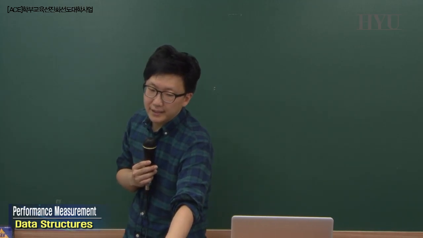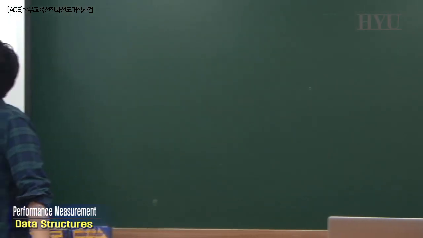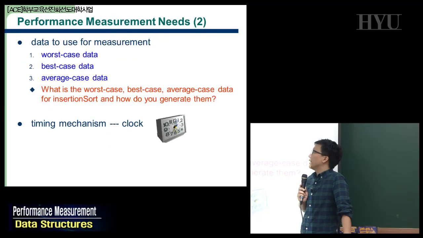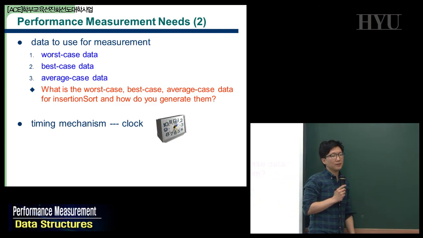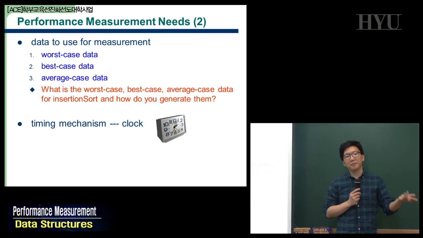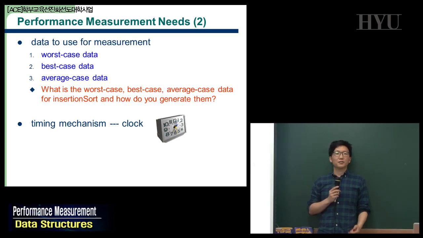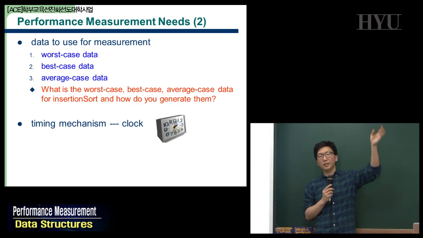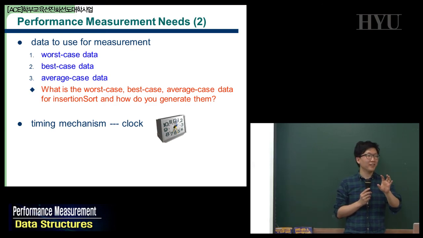Performance measurement needs data used for measurement: worst case data, best case data, average case data. Maybe I wrote a sorting algorithm. I know that there are maximum upper bound and minimum bound of each algorithm, but I like to see whether they actually apply in practice. I give them a very big data set, not an unsorted data set, a big sorted data set.